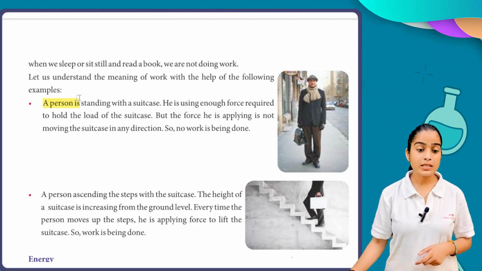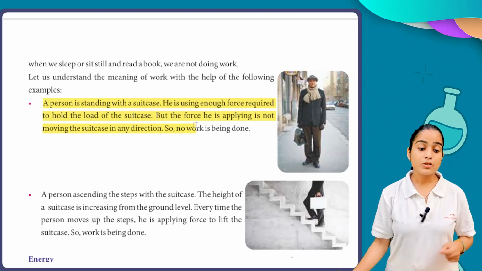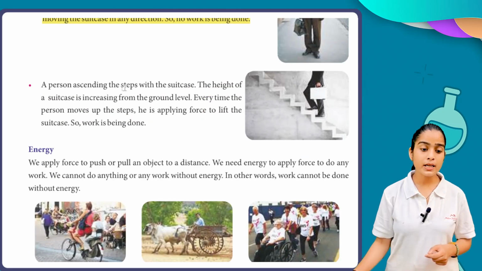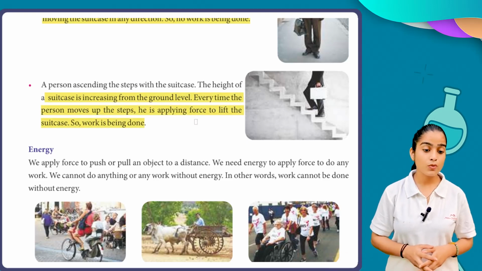A person standing with a suitcase is using enough force required to hold the load of the suitcase, but the force being applied is not moving the suitcase in any direction, so no work is being done. A person ascending the steps with the suitcase raises the height of the suitcase from the ground level. Every time the person moves up the steps, they apply a force to lift the suitcase, so work is being done.